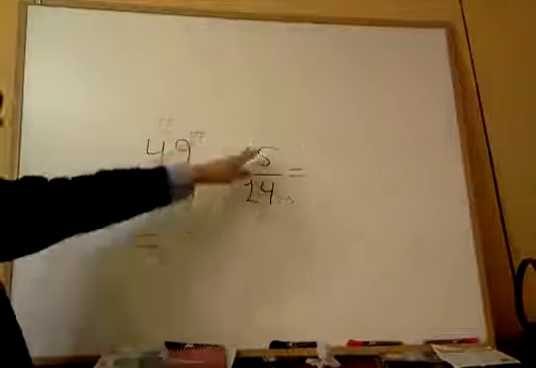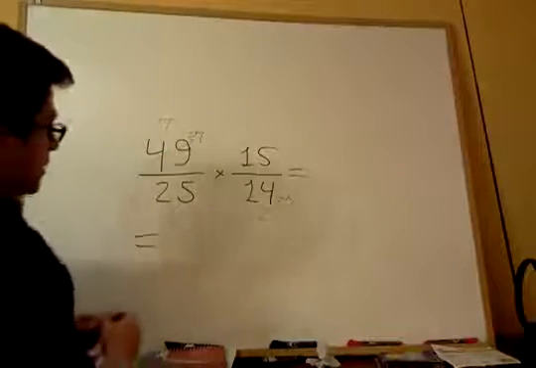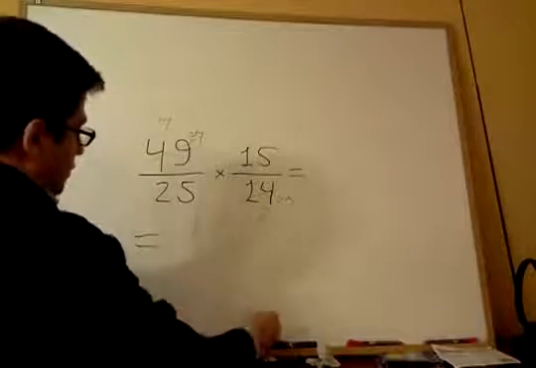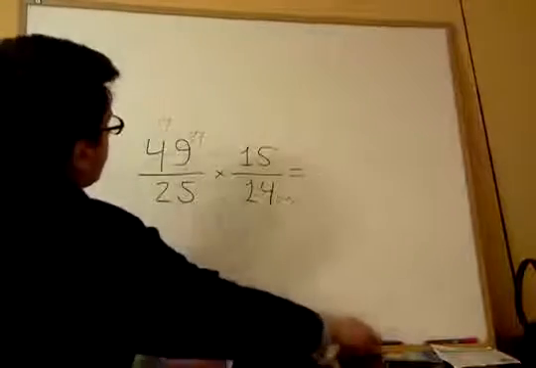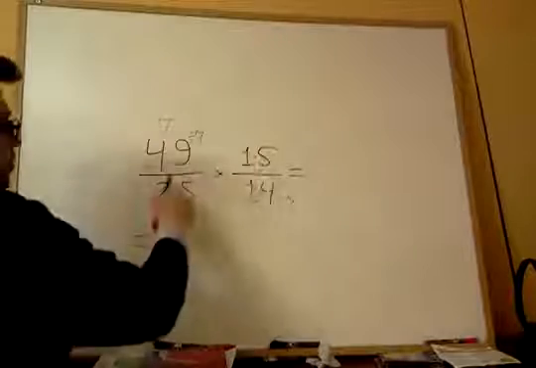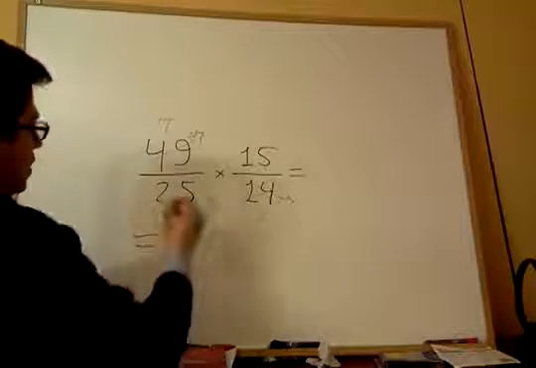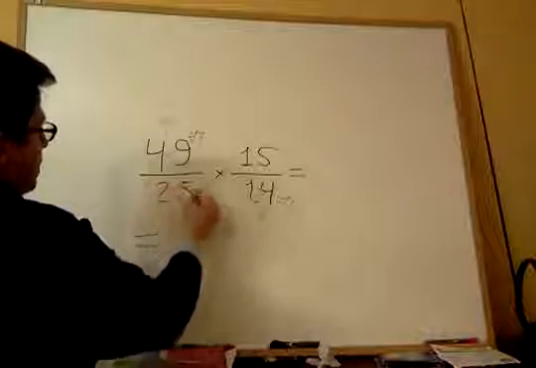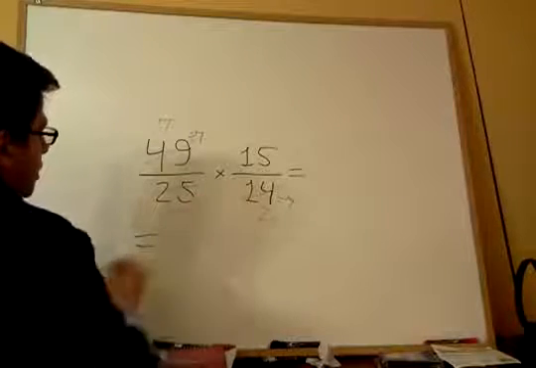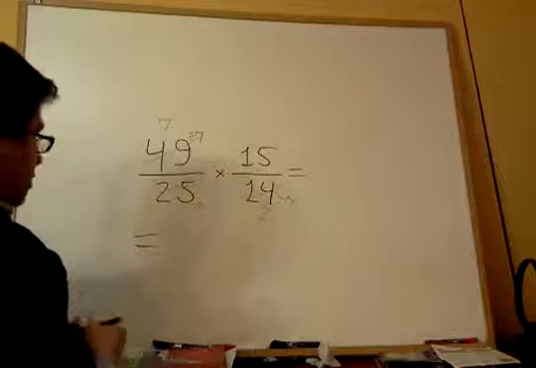Now let's see if I can do the same thing over here. 15 and 25 are both divisible by 5. 25 divided by 5 will be 5.